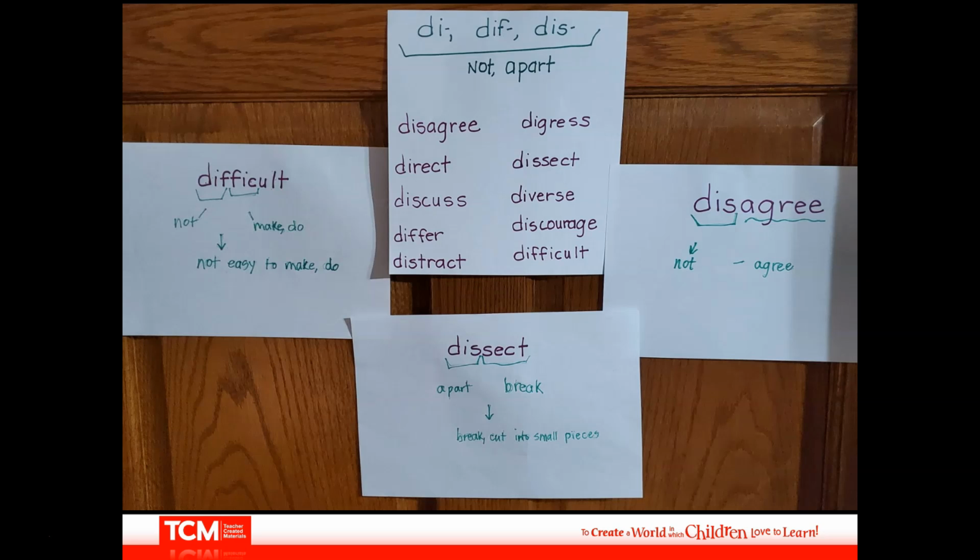We're going to focus on DI, DIF, and DIS, which all have the meaning not or apart. Specifically, we're going to focus on 10 of these words throughout the next couple of strategies: disagree, direct, discuss, differ, distract, digress, dissect, diverse, discourage, and difficult.